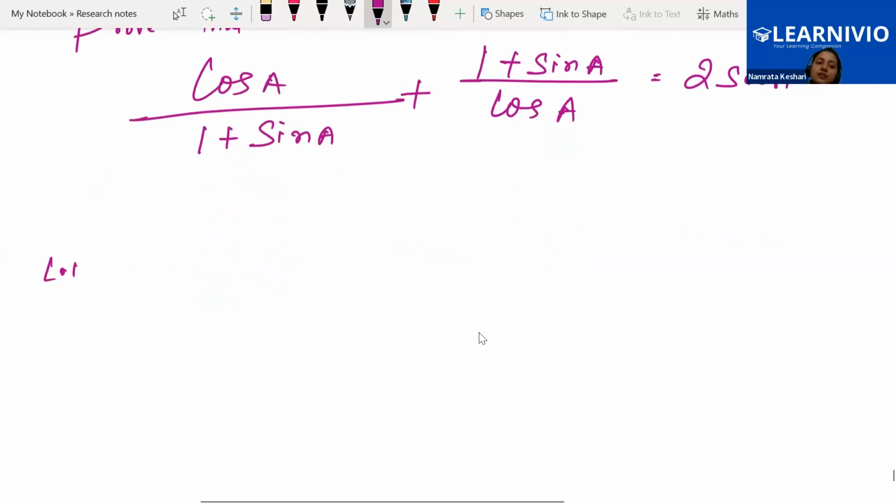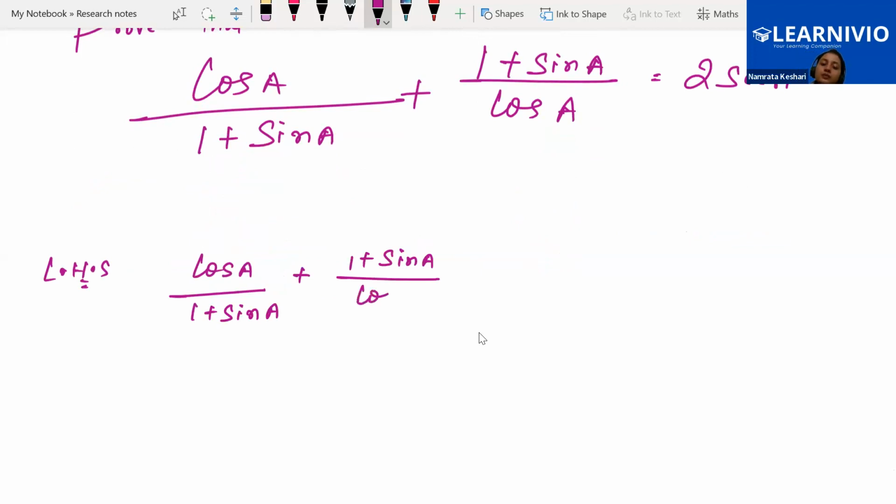Left hand side is given as cos A by 1 plus sin A plus 1 plus sin A by cos A. The first thing which comes to mind is to take the LCM. Maybe that will help.